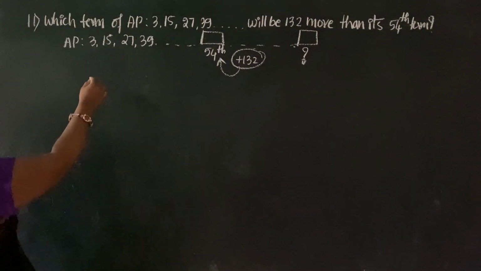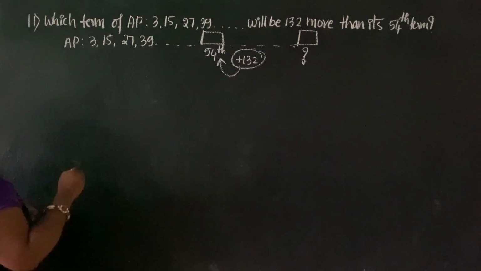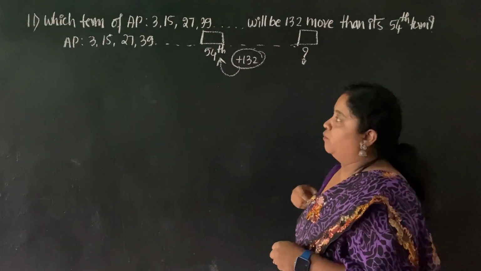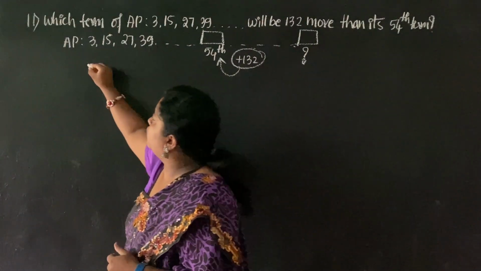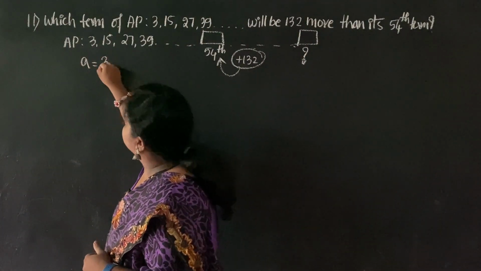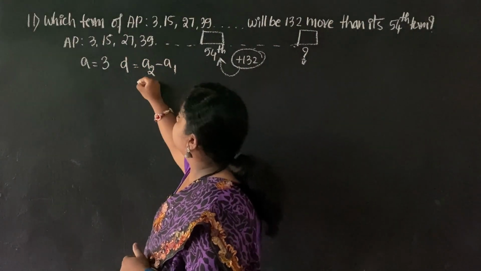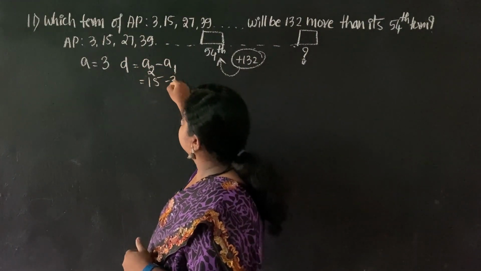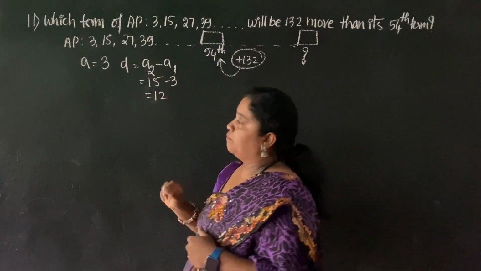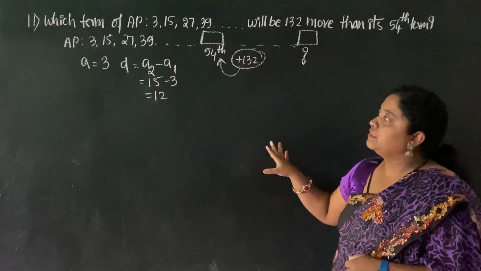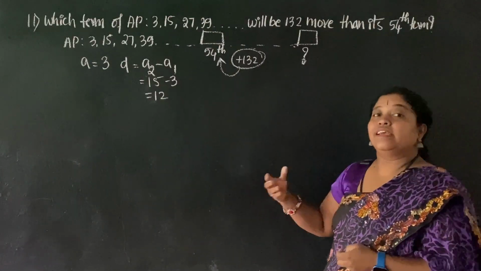Once I know the AP, my first thing is to calculate the A and D values. What is the A value here? A is equal to 3 and D can be calculated as A2 minus A1, 15 minus 3, that is equal to 12. I got A is equal to 3 and D is equal to 12. Once I got the A value, what is the next step?